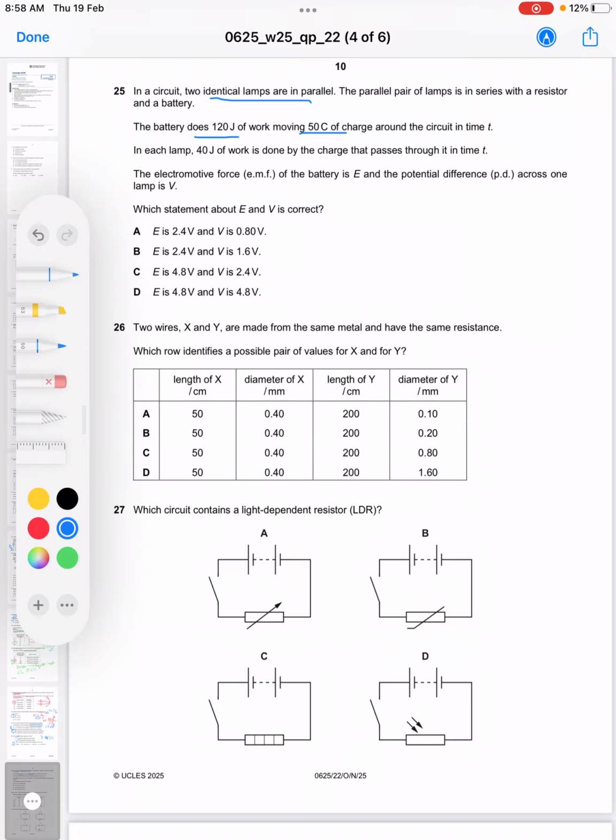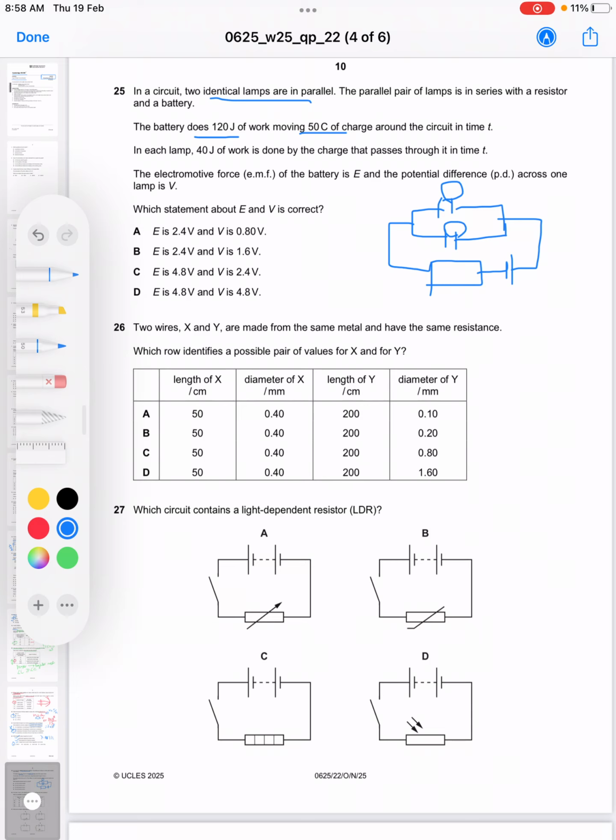Okay, let's draw the circuit. We have two identical lamps and they are connected in parallel with each other. This parallel pair of lamps is in series with the resistor and a battery, right?